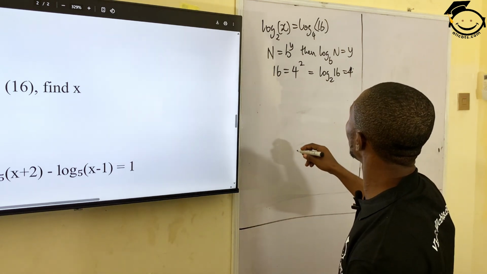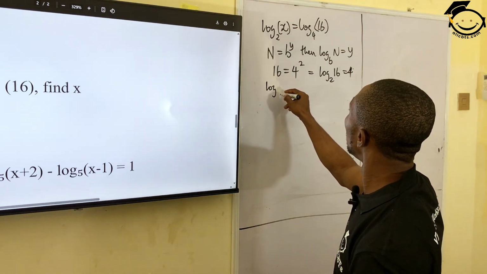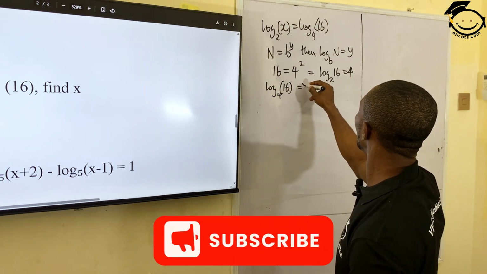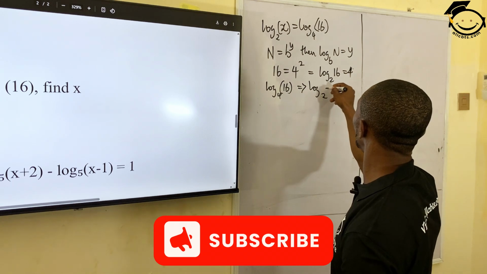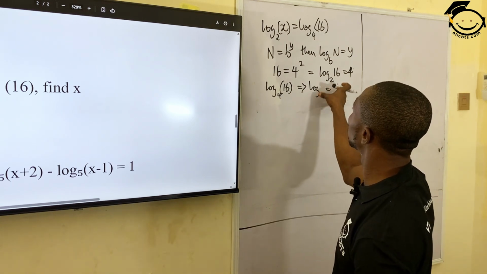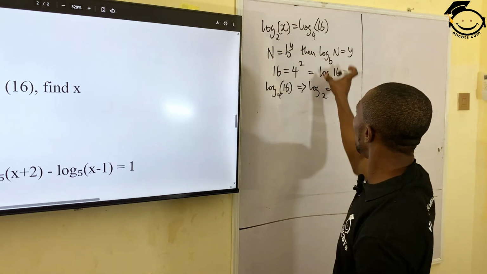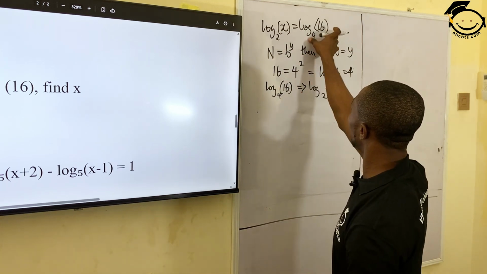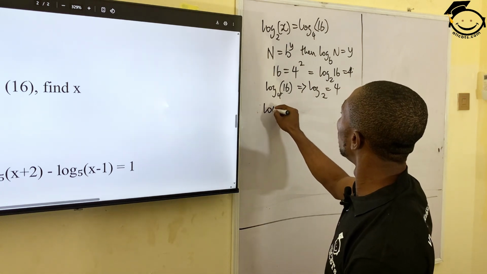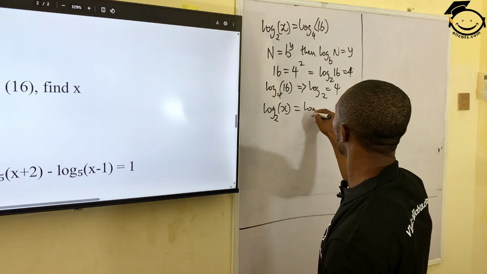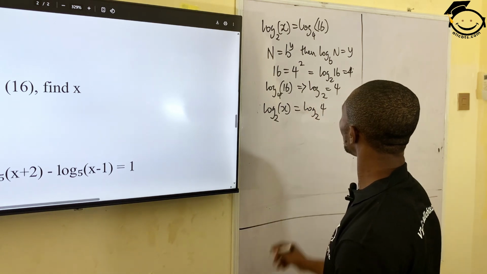So we are going to replace log_4 16 with log_2 16 equals 4, so that these two will be in the same base. Now, replacing this, we have log_2 x equals log_2 4.